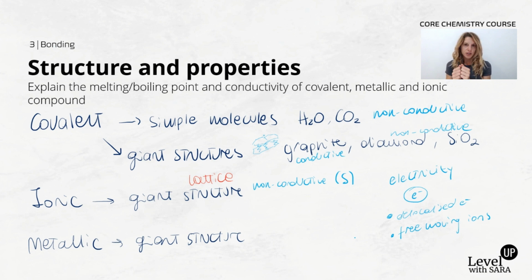When it's in the liquid or aqueous state, the ions separate and they're free to move. So it conducts electricity when it's liquid and in aqueous solution. Why? Because there are ions that are free to move. So always think about where the electrons are.